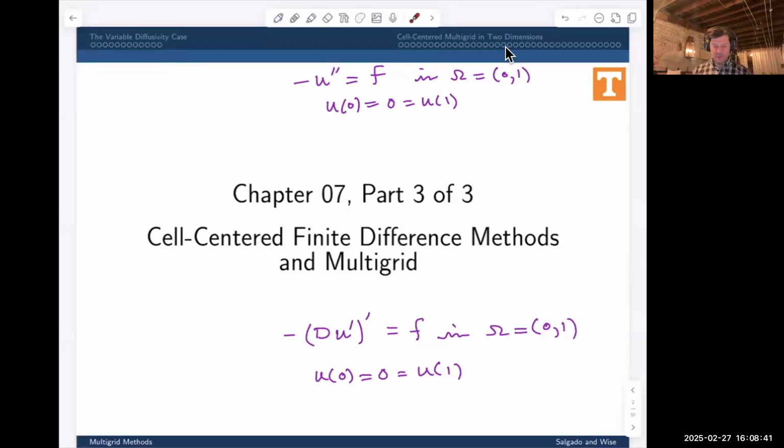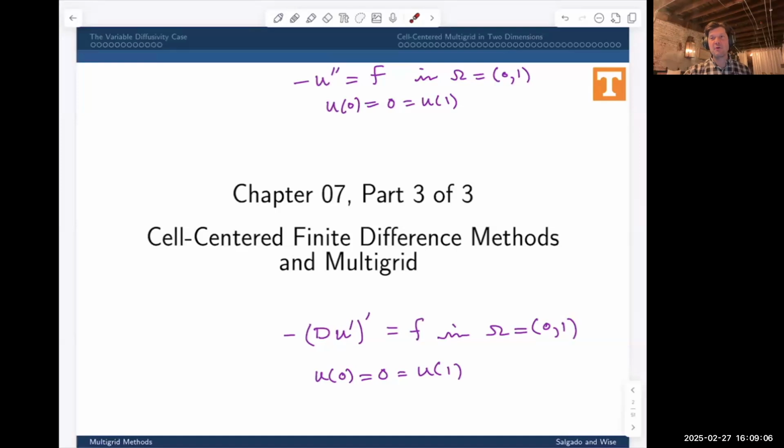Now, that's one variation that we're going to talk about, the variable diffusivity case. And then in the next section, we're going to talk about the cell-centered method in 2 dimensions. I'll talk about exactly what you need to get a standard multigrid method working in these frameworks, and then we'll also say a little bit about how you would analyze these algorithms to prove that they converge. What would you have to have in place?